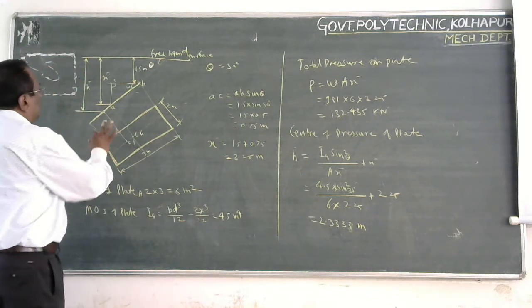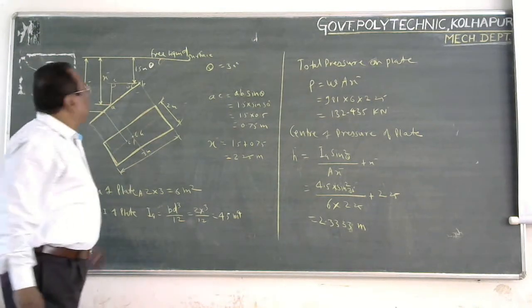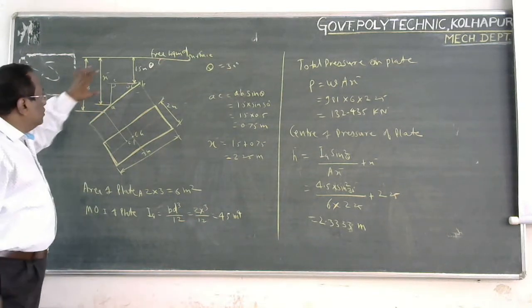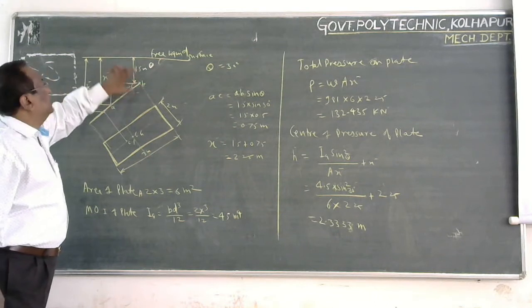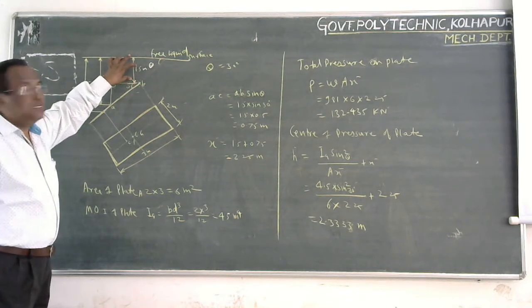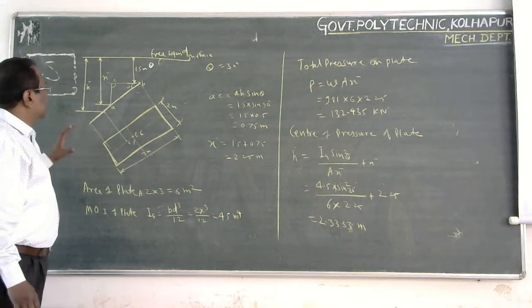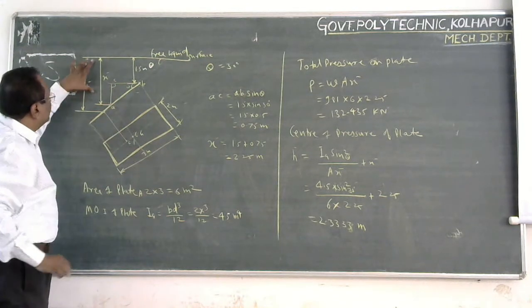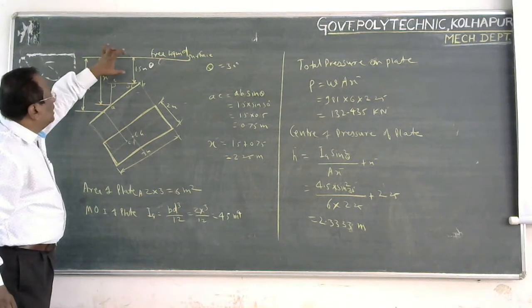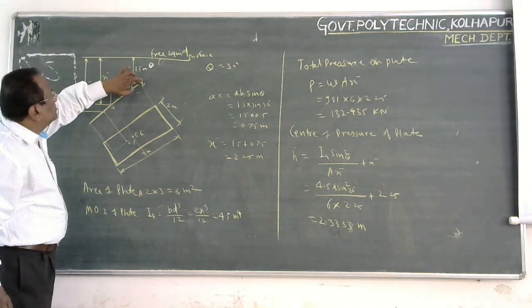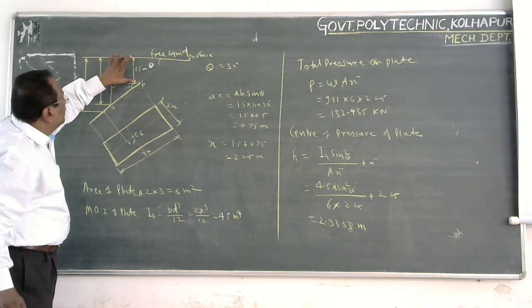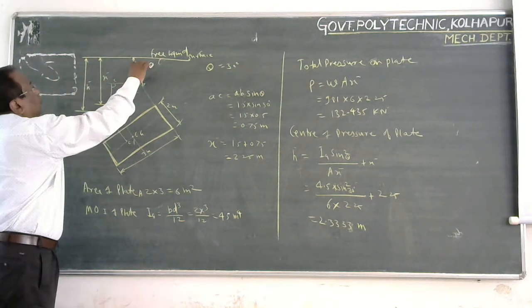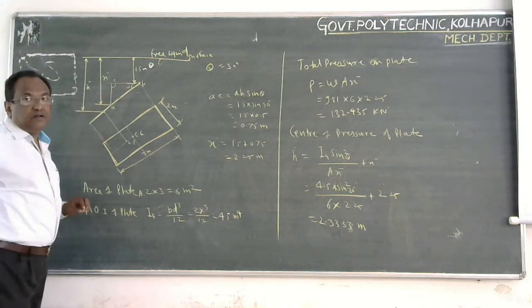Now we have to find x bar for calculation of total pressure. We are given the distance of the upper edge of the plate from the free liquid surface, that is 1.5 meters. We have to find this distance AC. AC plus 1.5 will be the x bar.